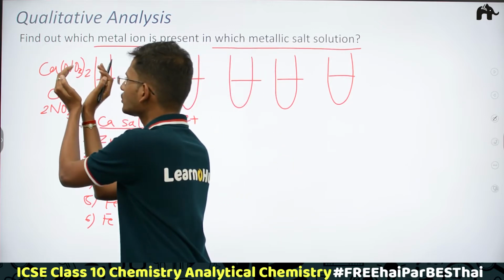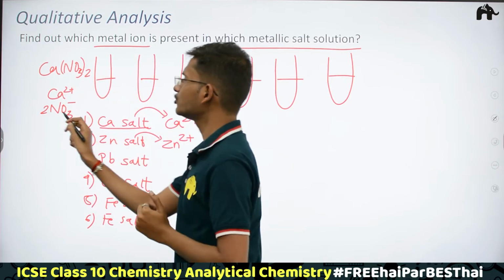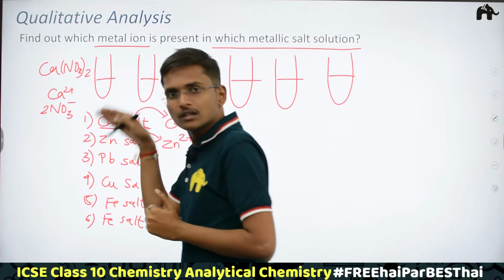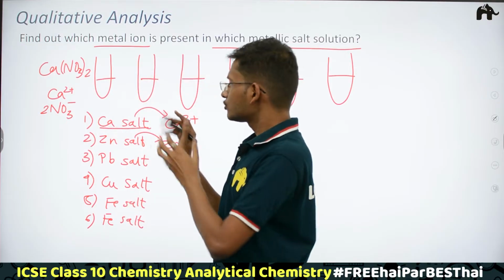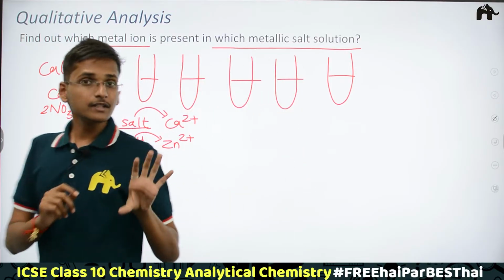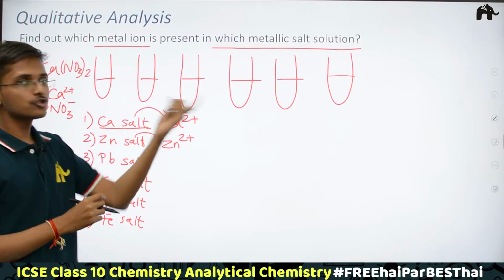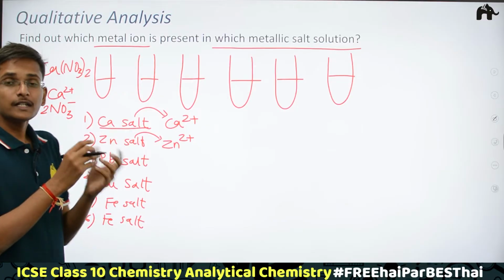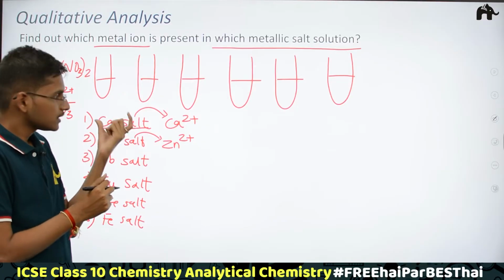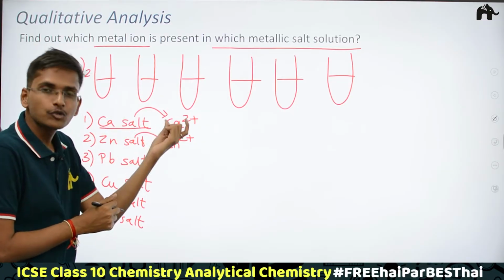We put the NO3 entirely in brackets, and then put the 2 in the subscript. So the calcium salt solution is made up of a calcium salt which has the Ca2+ ion.